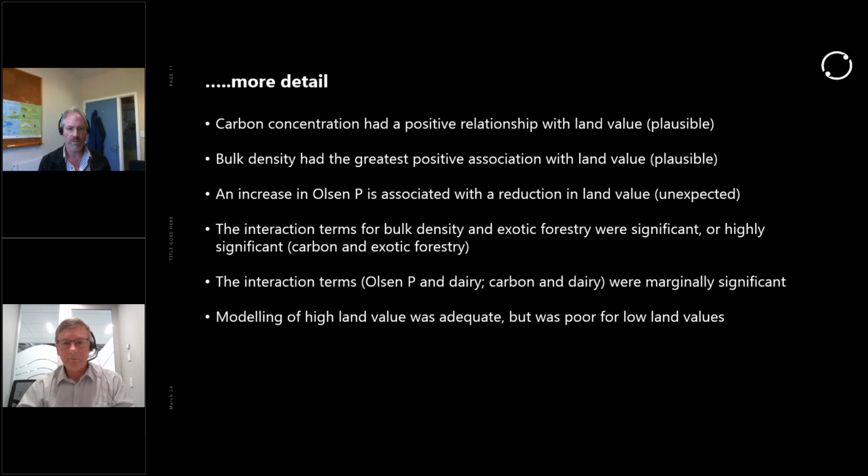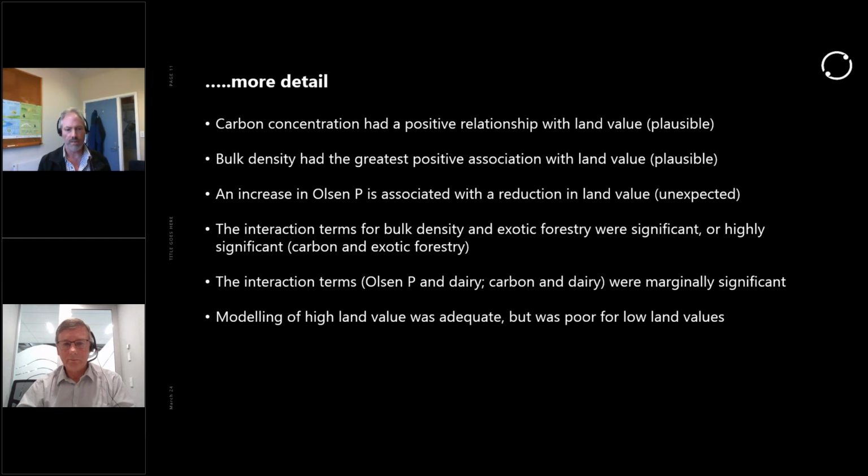But we found that Olsen P was associated with a reduction in land value, which we didn't really expect, and we haven't really been able to explain that. And there were some interactions with land use, for example, bulk density, exotic forestry, and carbon and exotic forestry. But also Olsen P and dairy, and soil carbon and dairy land use. There were some significant relationships there.